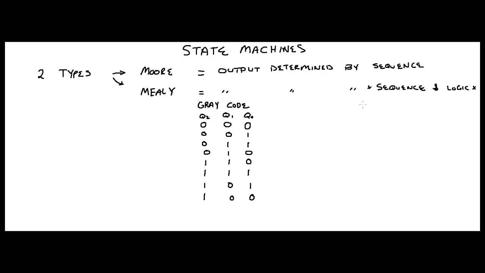We're going to have state 0, and that's going to be 0, 0, 0. Here's the next one, your state 1, 1, 0, 0. Here's your state 2.